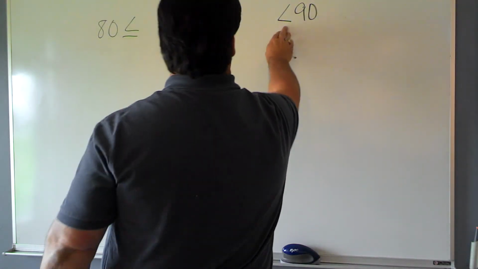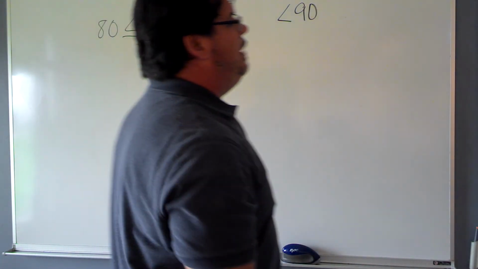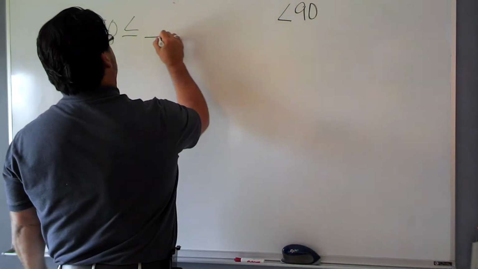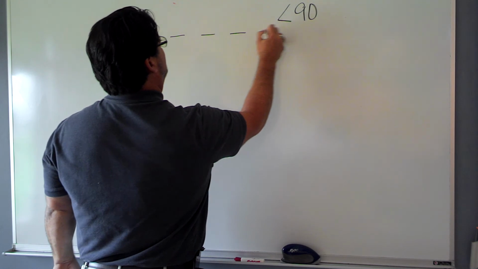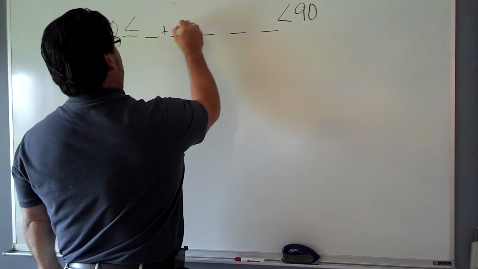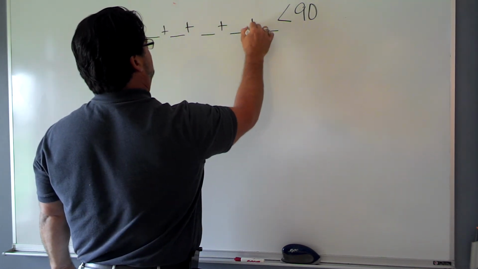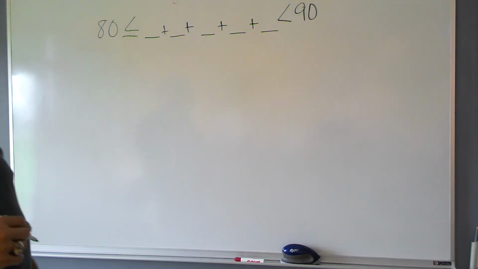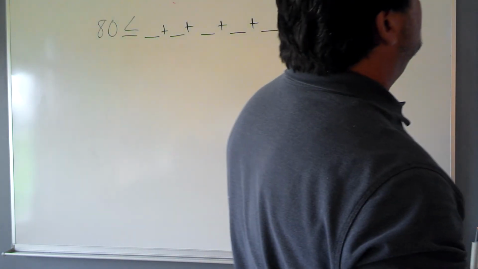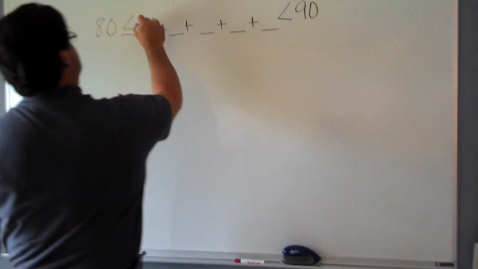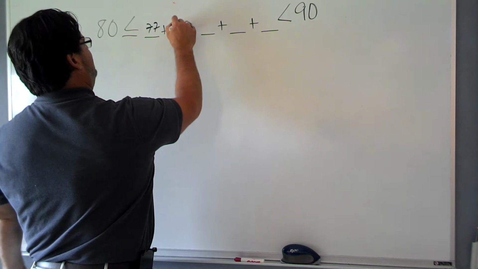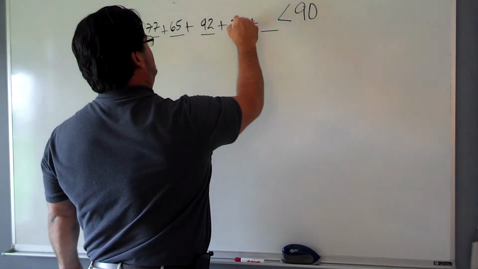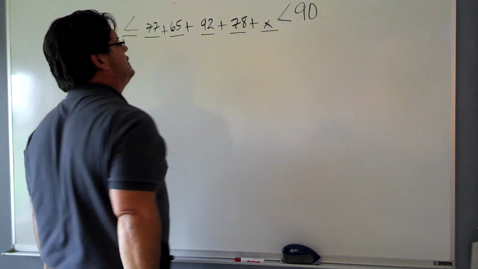How many tests are there? 5. So 1, 2, 3, 4, 5. And we know they're added together, right? So what are the 6 grades? 77, 65, 92, 78, and X.